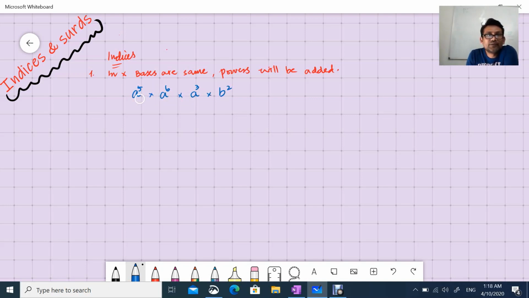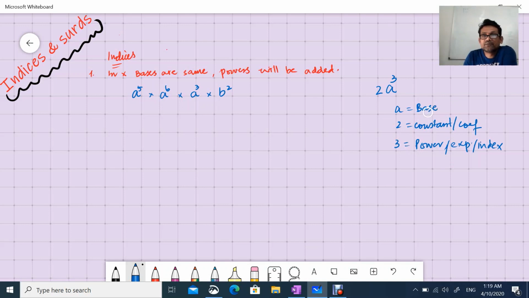Same bases should be there. As we know, in 2a cubed, a is called the base, 2 is called the constant term or the coefficient, and the 3 is called the power, exponent, or also the index we can say.